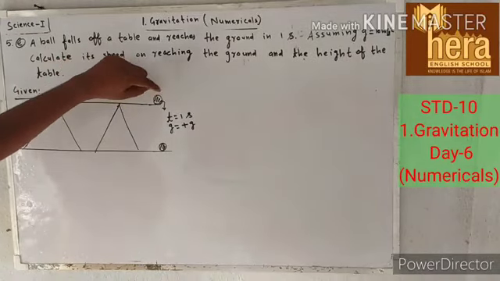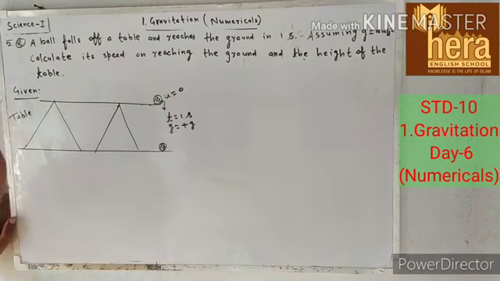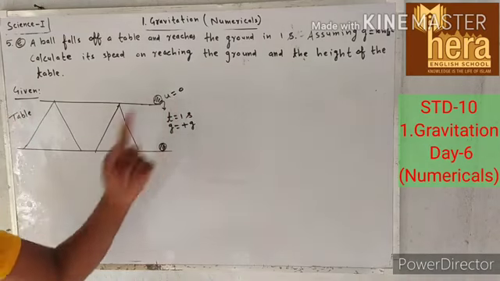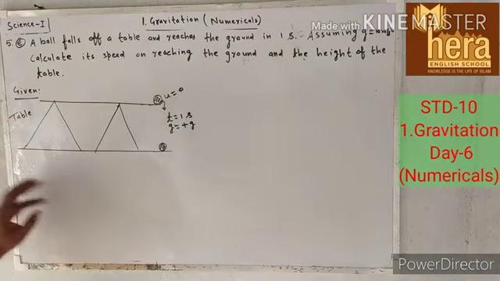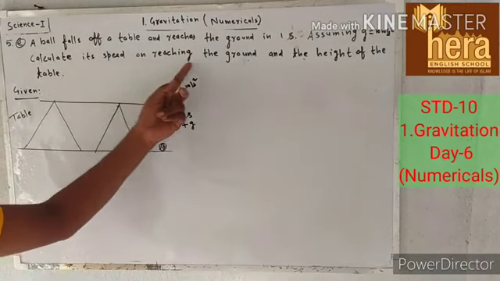Therefore, U is equal to 0 meter per second right here, because the unit of velocity is meter per second. Assuming g is equal to 10 meter per second square, calculate its speed on reaching the ground.